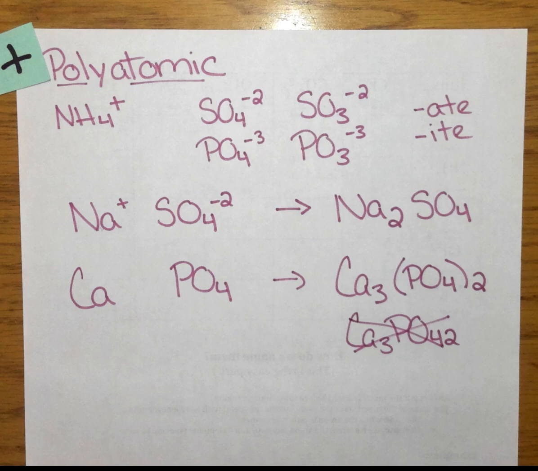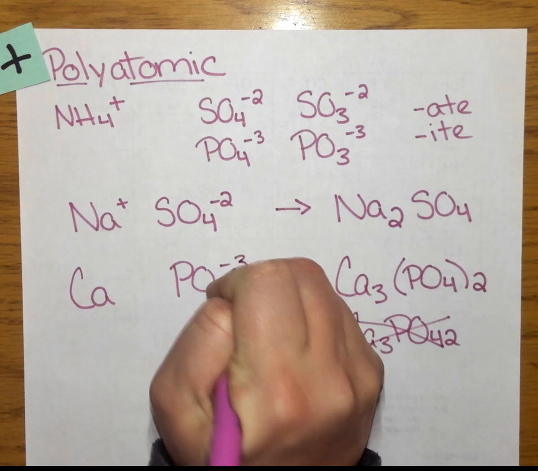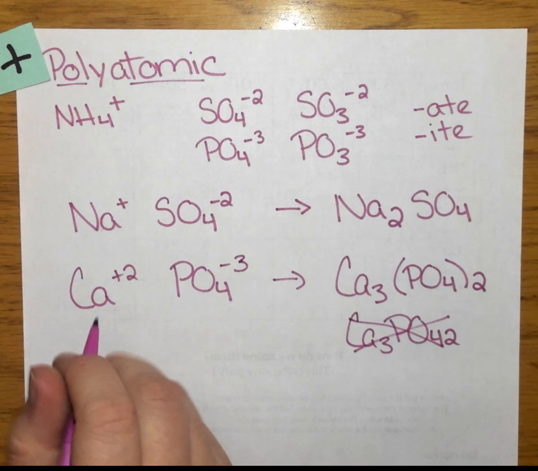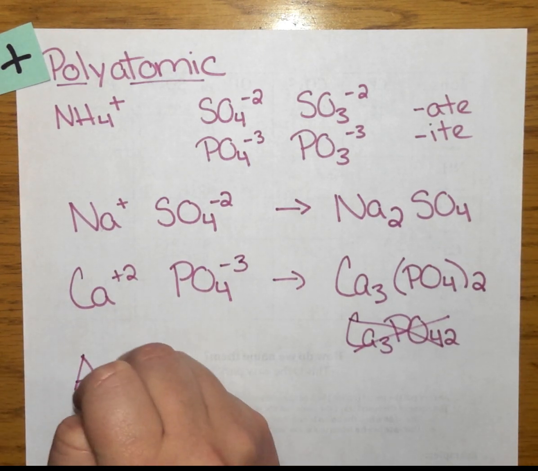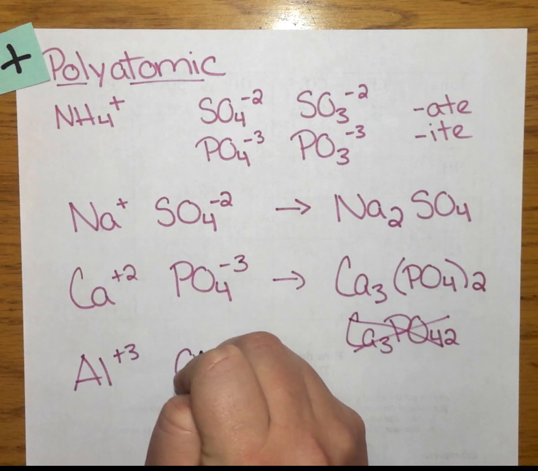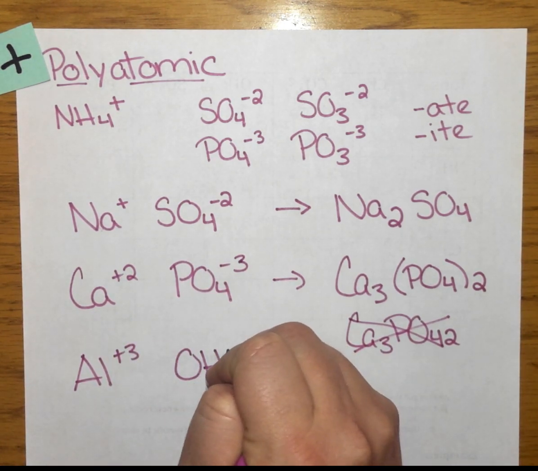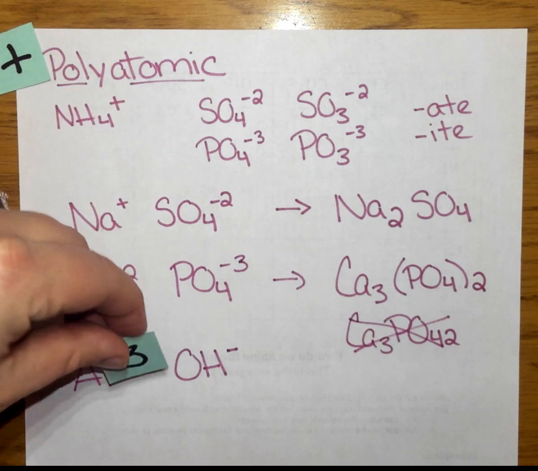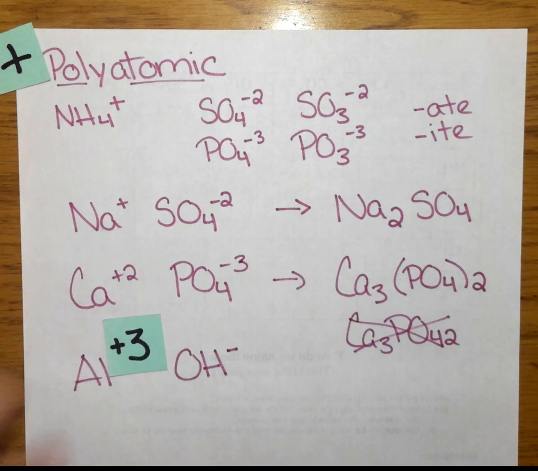Now, what if we use this compound where I have aluminum, which is +3, and hydroxide, which is -1. This is the one. Don't be that person.